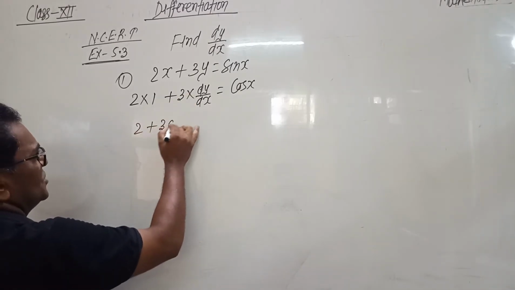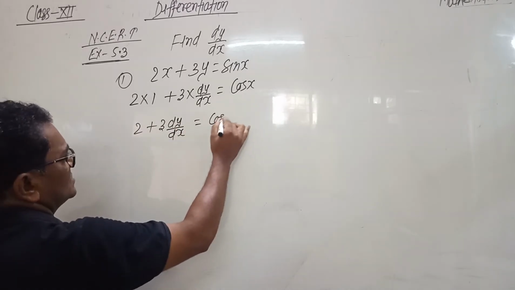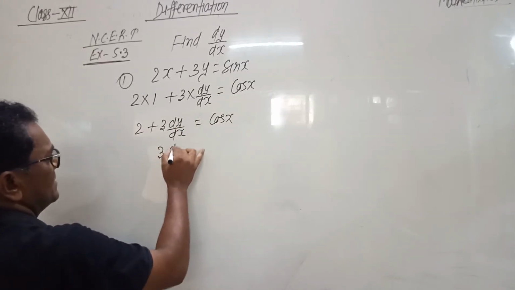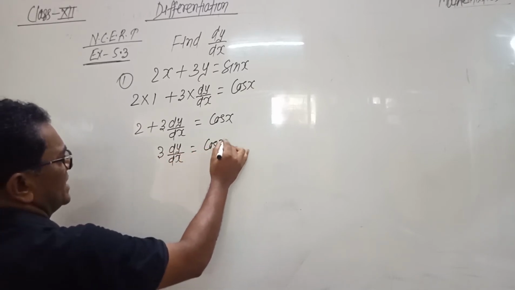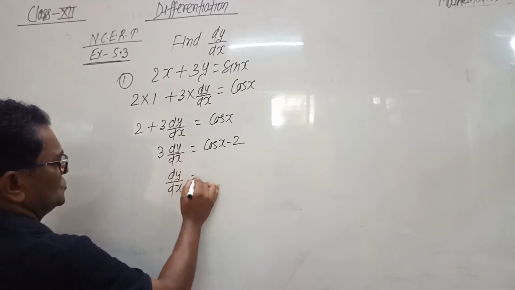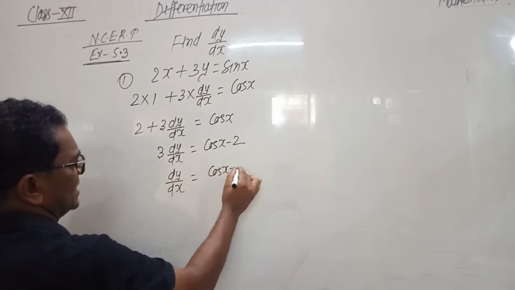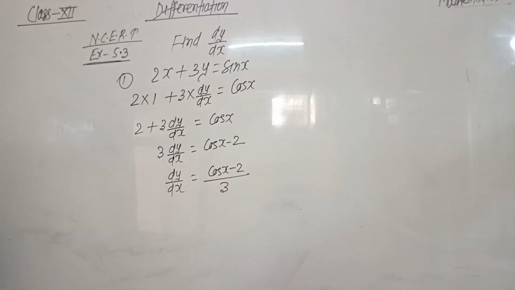So 2 plus 3 dy by dx equals cos x, and 3 dy by dx equals cos x minus 2, and the value of dy by dx comes to be (cos x minus 2) upon 3. So this is the way to find dy by dx.